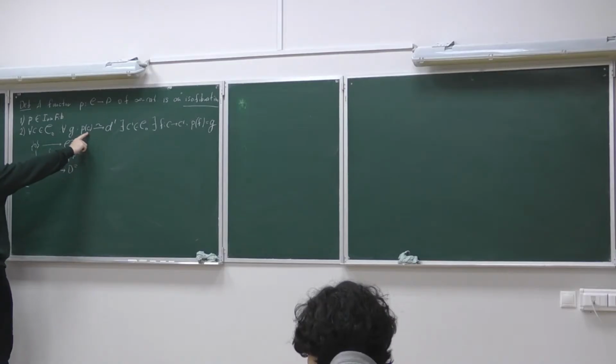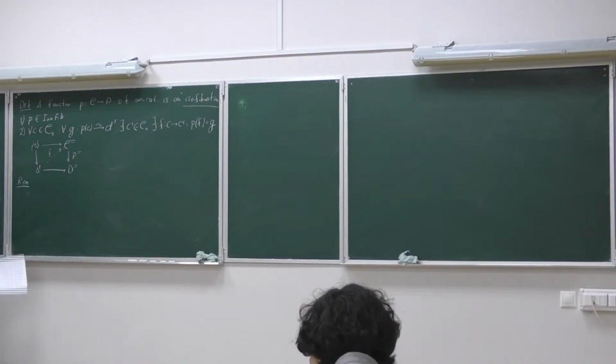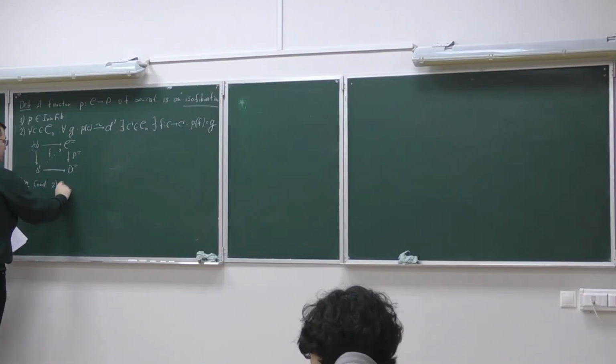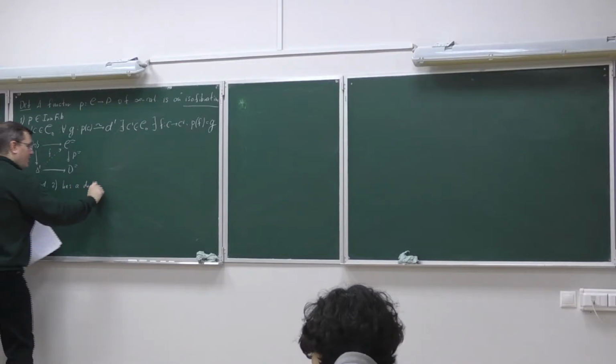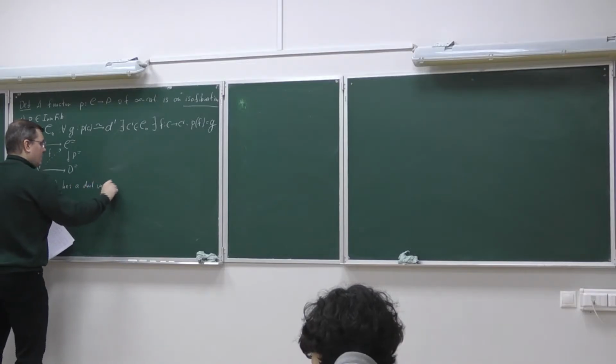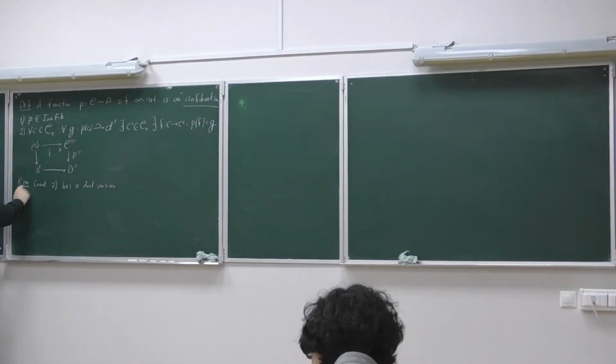I can, for example, take some d prime that is here, and so then there will be P of c prime here. So this is called condition 2. Remark: condition 2 has a dual version. Let me call this condition 2 prime.